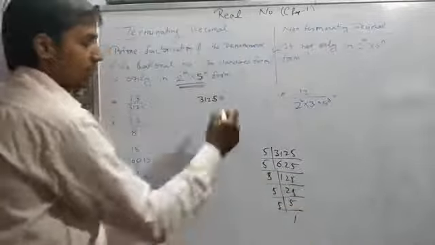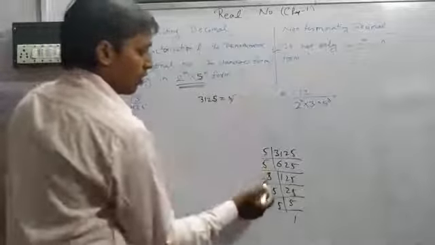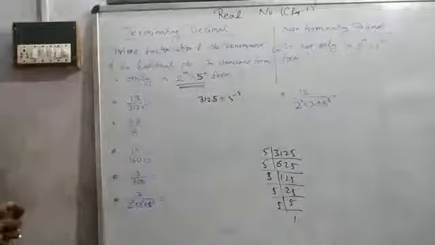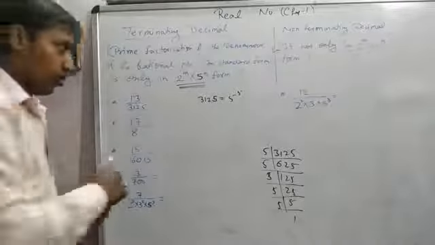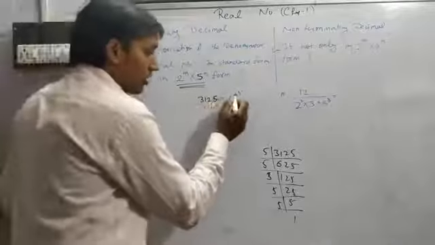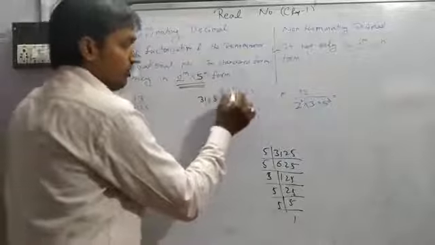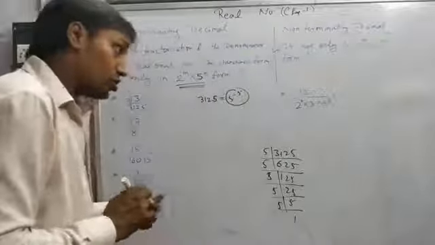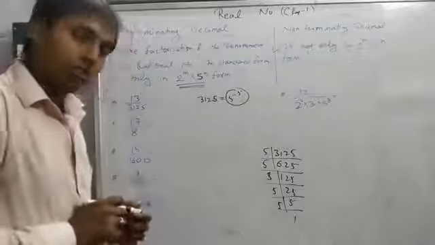Now we can find it like this: 5 1 2 3 4 5. So 5 to the power 5. So the denominator has only 5. Only 5. So is it terminating? Yes.